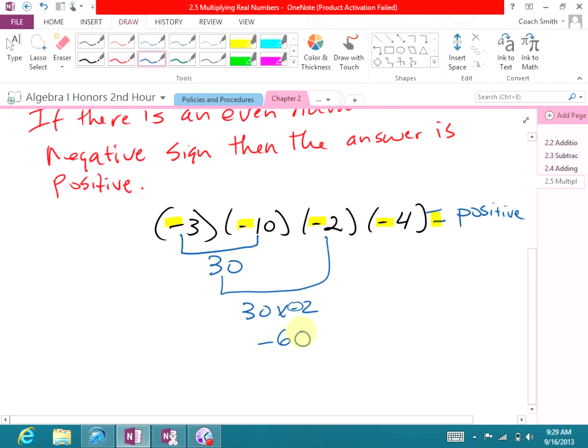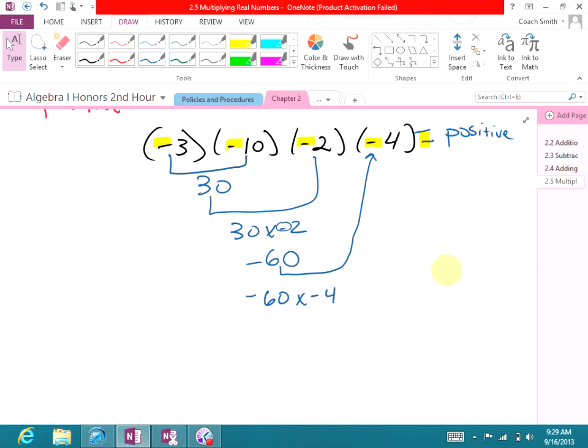Now I take negative 60 and multiply it by negative 4. Negative 60 times negative 4 is two negatives multiplied together, which is 240. And so we have proved mathematically why an even number of negative signs will equal a positive. That is why that rule is true.